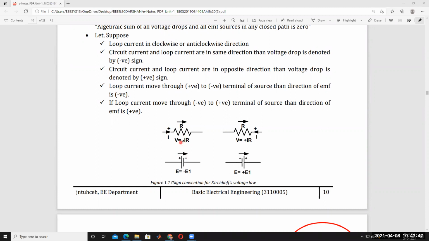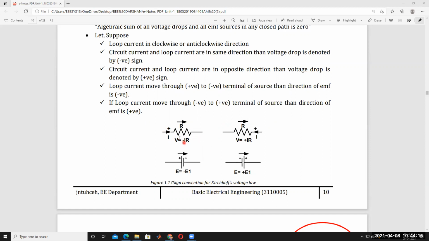Otherwise, the voltage drop V is equal to plus I into R. Two ways are possible. These are our assumptions. The voltage drop across the resistor, if the loop current and branch current are both in the same direction, is V equal to minus I into R, or V equal to plus I into R. These are assumptions only.